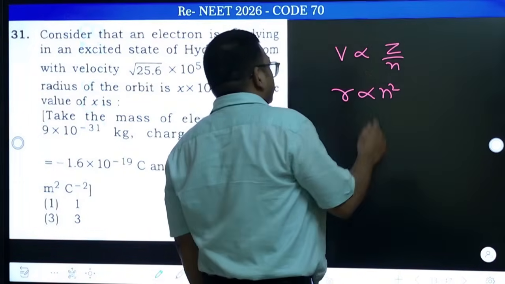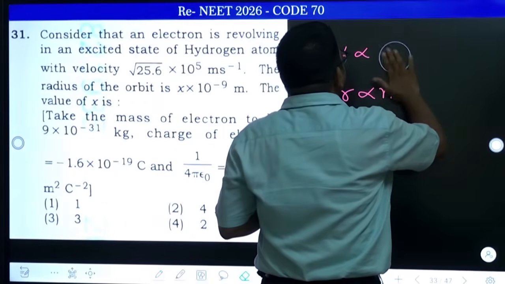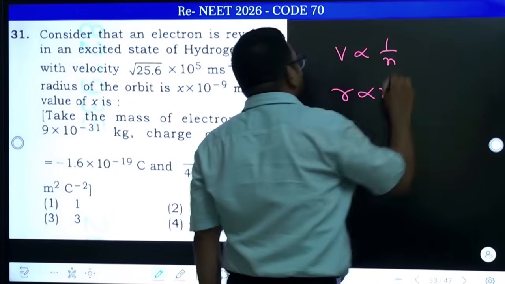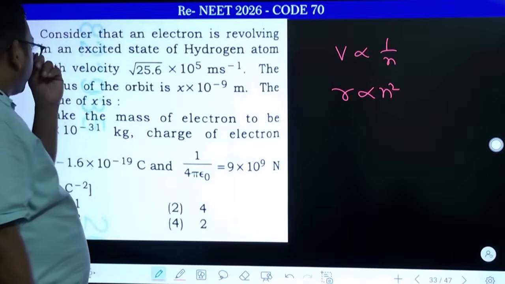Z is anyway 1, so you can say V is proportional to 1 by n.